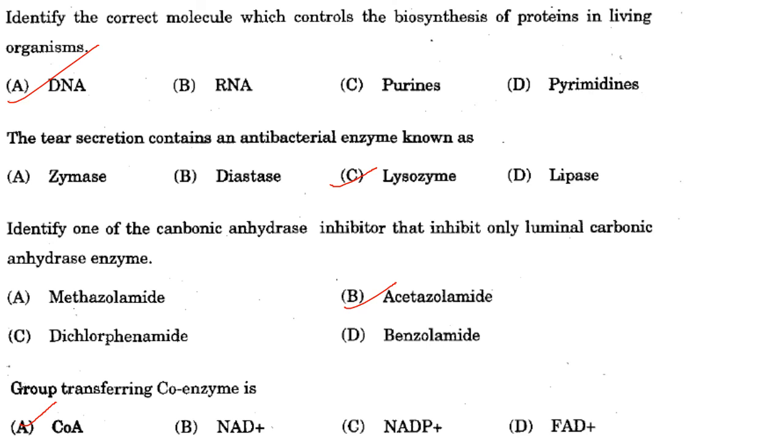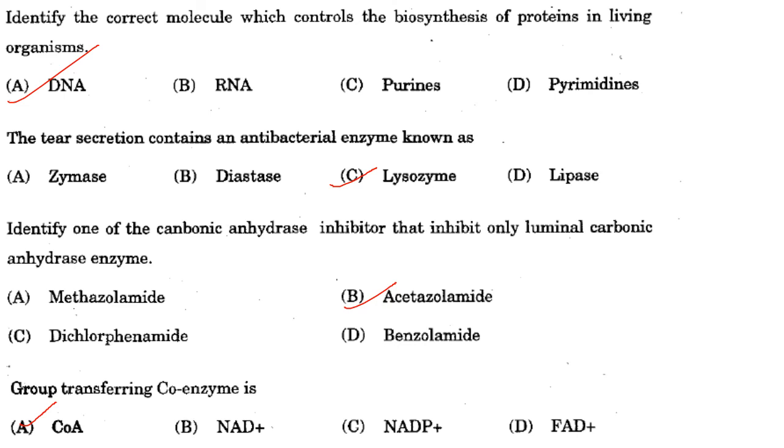Then next one, the tear secretion contains an antibacterial enzyme known as lysozyme. Answer is option C. Identify the carbonic anhydrase inhibitor that inhibits only luminal carbonic anhydrase enzyme. So answer is option B, acetazolamide.